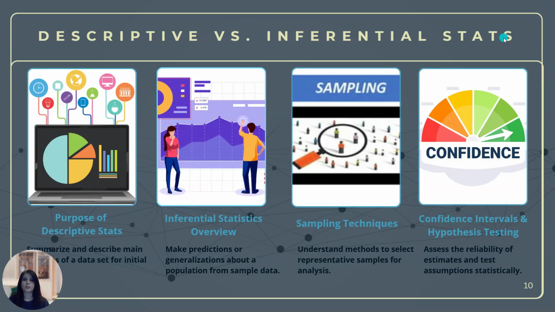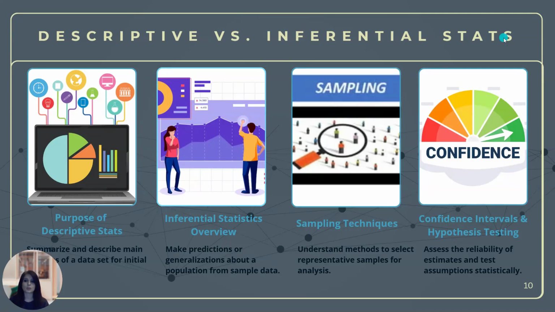The last thing to remember about statistics is that there are descriptive and inferential stats, and these are the main terms, or main calculations, that you would be using in statistical analysis. Descriptive stats is mainly used to describe the data at an initial stage.